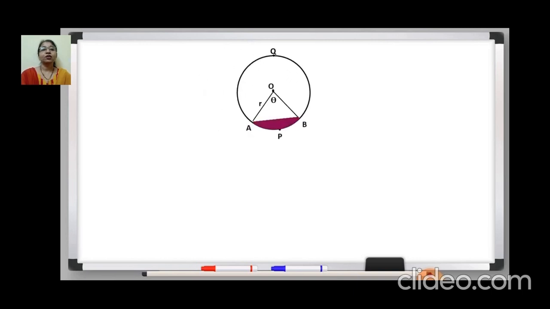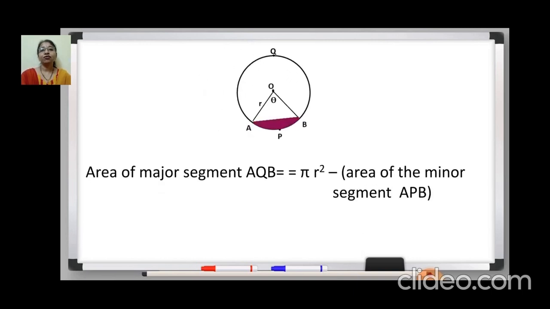Also, if you wish to find area of major segment, which is the major segment here? This white portion, complete white portion, this is major segment. If you have area of minor segment, you can calculate area of major segment very easily. How? Area of this complete circle minus the area of minor segment.